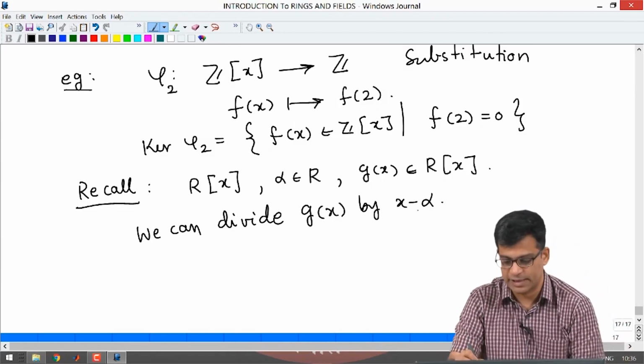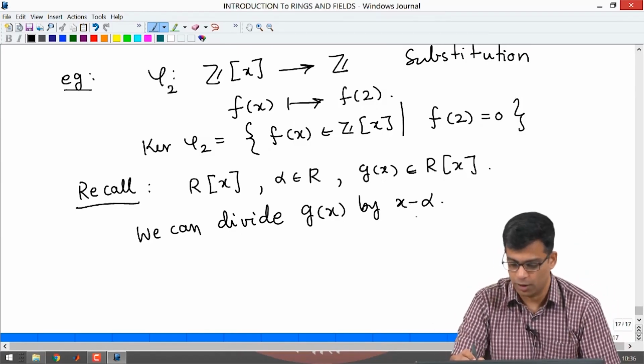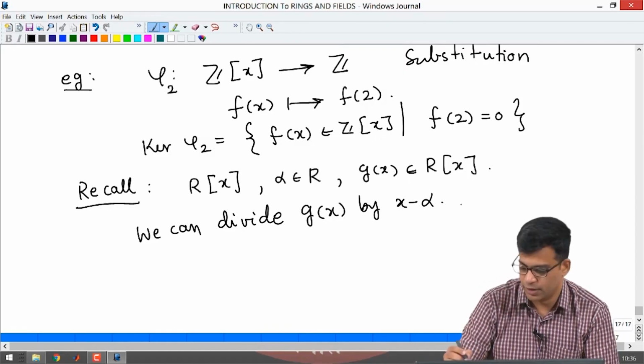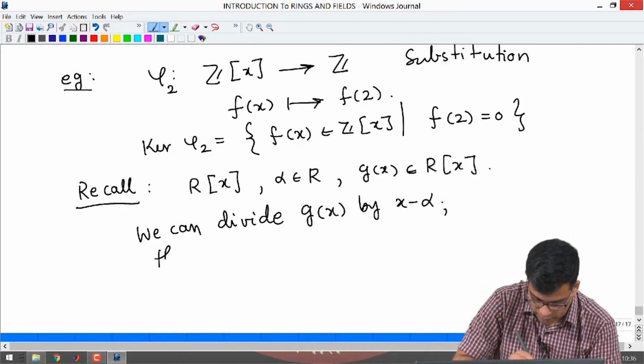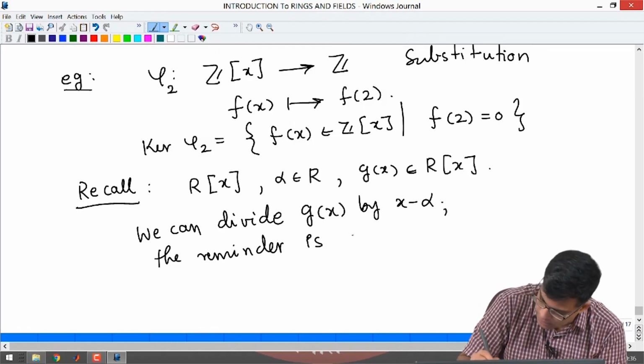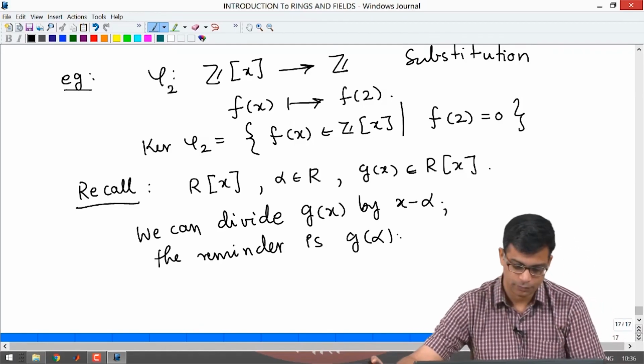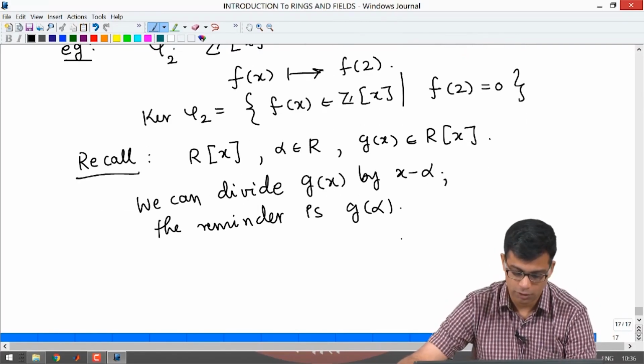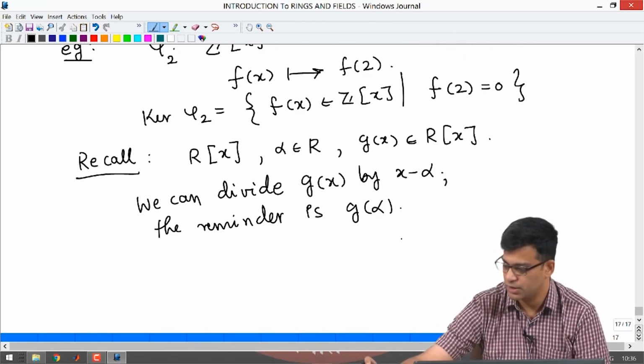We can always divide, because x minus alpha is a monic polynomial. So, we can divide g(x) by x minus alpha. The remainder is g of alpha, right. This I have proved. The remainder when you divide g(x) by x minus alpha is g of alpha.